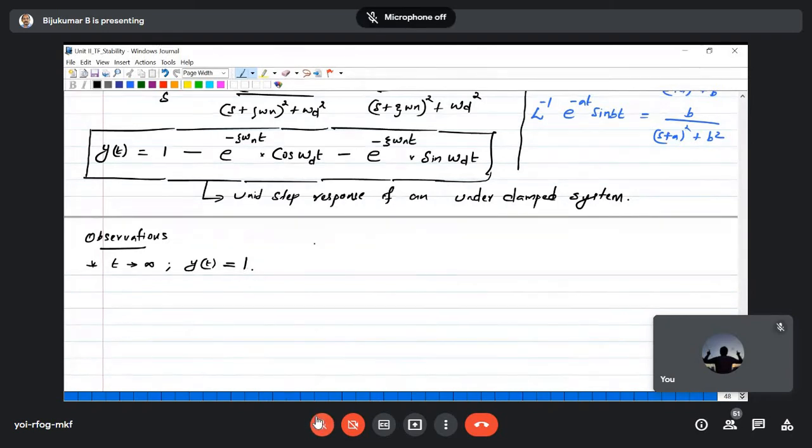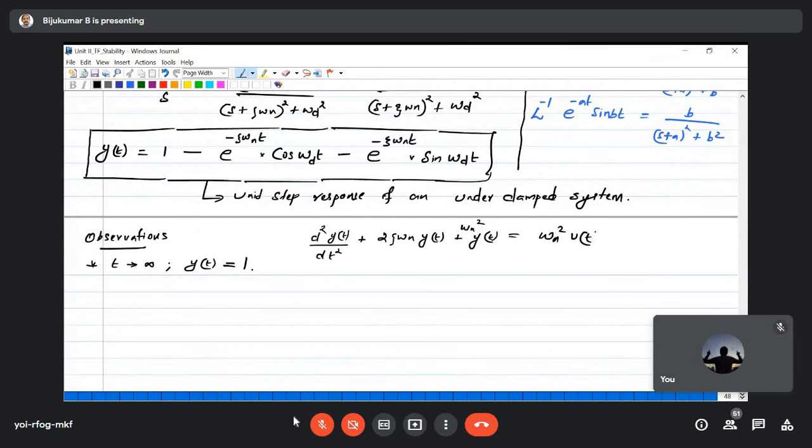Yeah. And I already mentioned that the standard form is like this, right? Means d square y of t divided by dt square plus 2 zeta omega n dy/dt plus omega n square y of t is equal to omega n square u of t, right? So why is this omega n square sitting along with u of t?